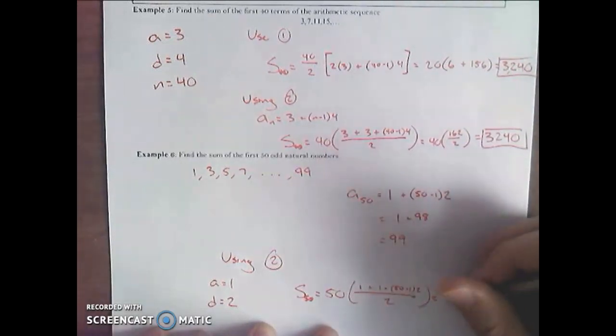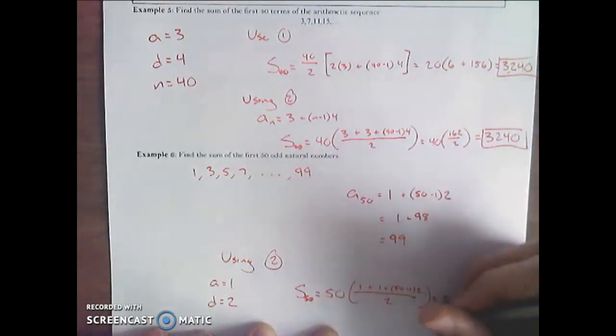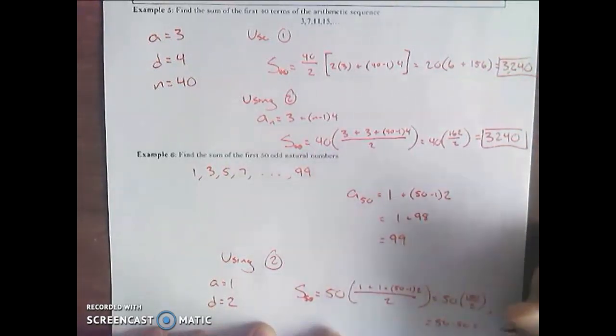We get 50 times 100 over 2. So then we have 50 times 50, which gives us 2,500.